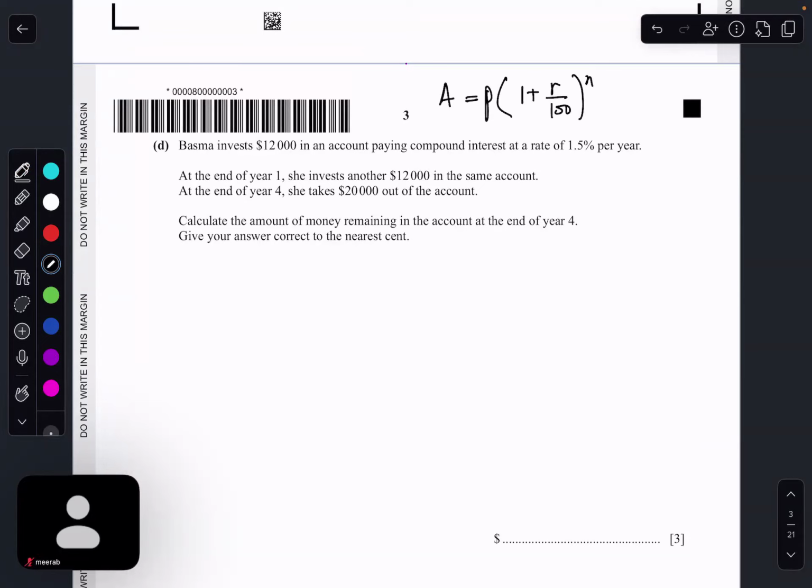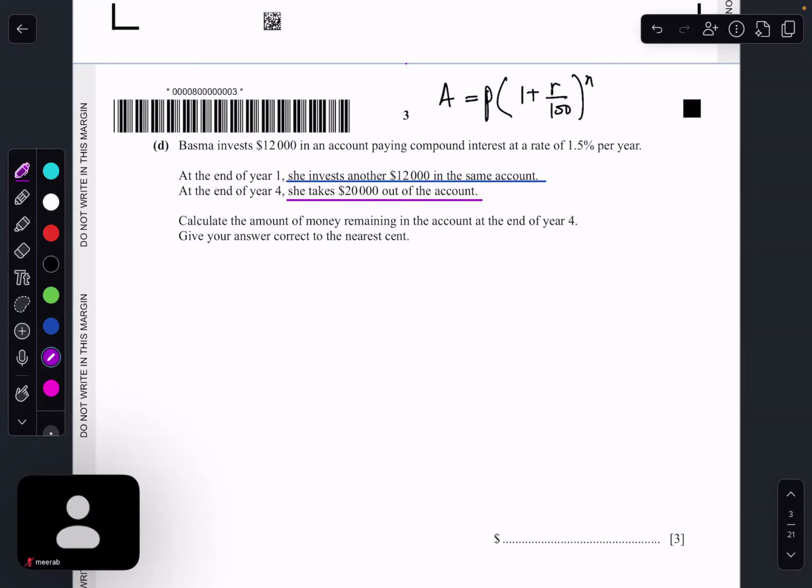At the end of 1 year, she invests another 12,000 in the same account. So I'm going to underline this at the end of first year. And at the end of 4 year, she takes 20,000 out of the account. So let me highlight this as well. Calculate the amount of money remaining in the account at the end of year 4. Give your answer correct to the nearest cent.